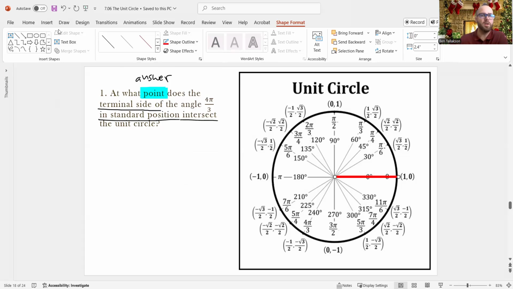So we always start at the initial side, right? And then this is a positive radian, so we're going to go in the positive direction, which is counterclockwise. So when they say standard position, they're just saying we're talking about a unit circle, we're starting at the initial side, and we're going around until we find that angle.